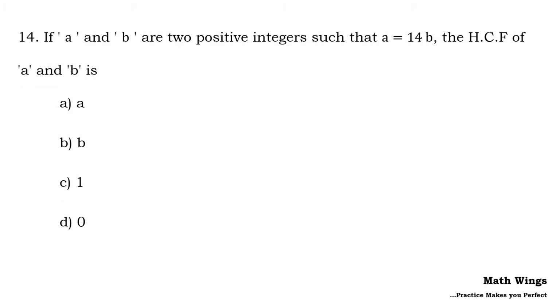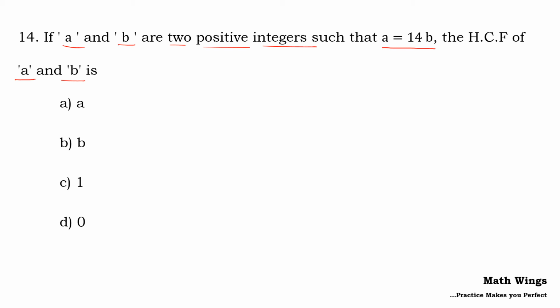So we have given here A and B are two positive integers such that A is equal to 14B, and the HCF of A and B is asked. So let us see how we can solve this problem.